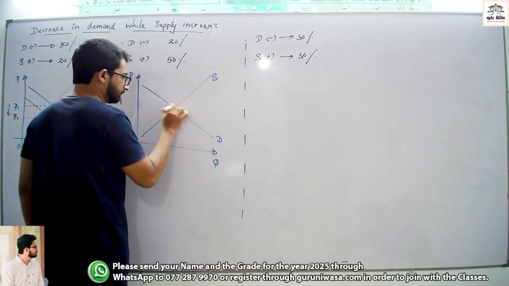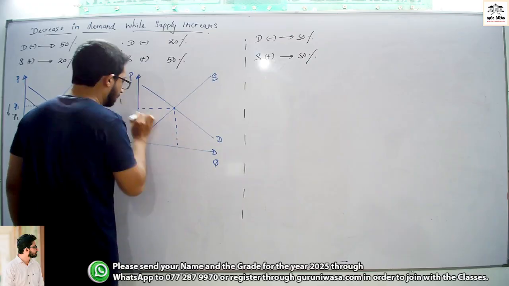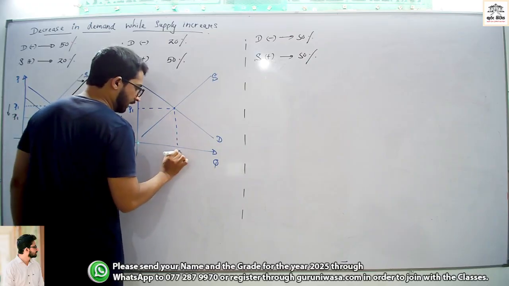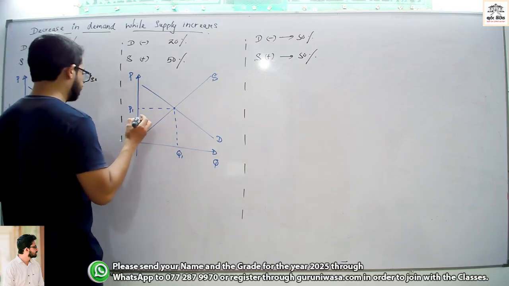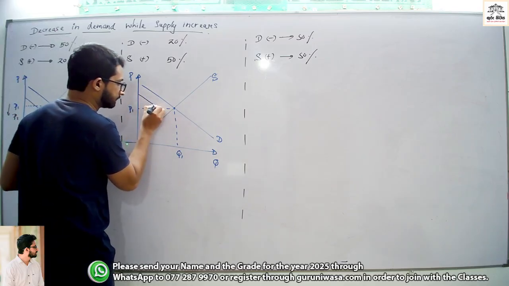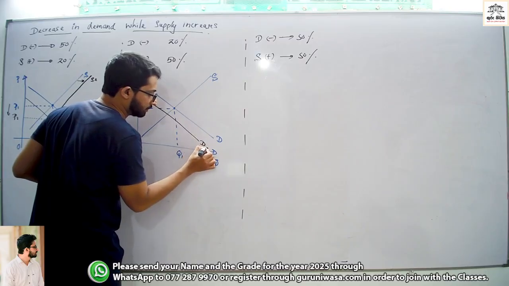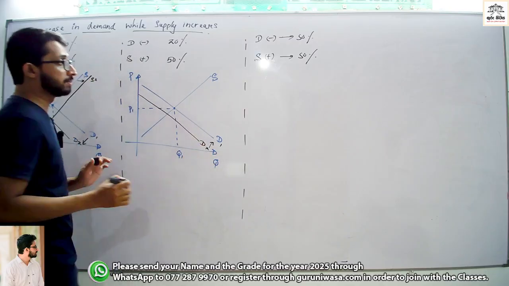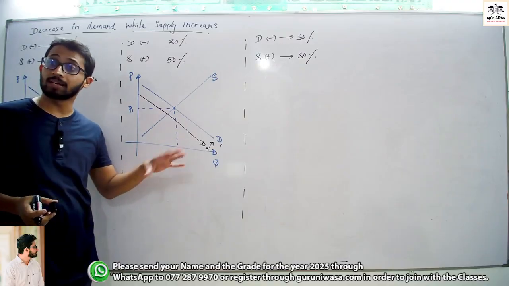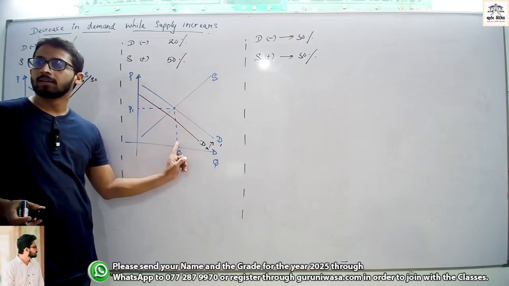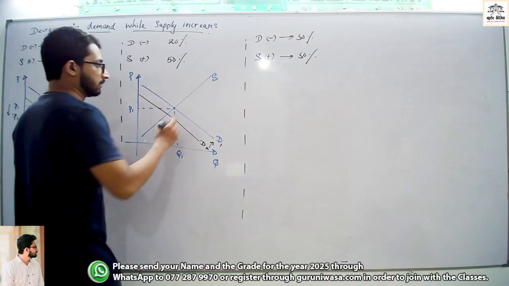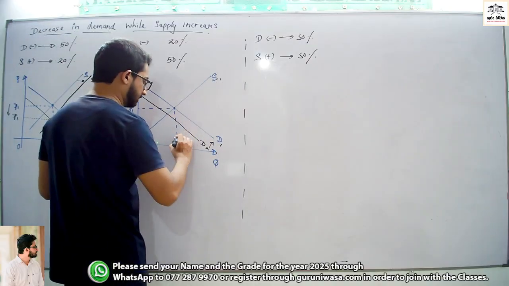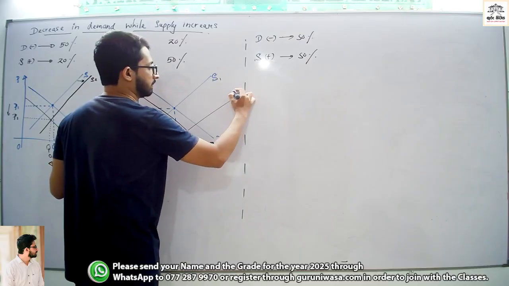Supply curve. P1 and Q1. Now the demand curve shifts to the left side like this. P2. The supply curve shifts to the right side at a higher rate than the demand curve. So here the supply curve shifts to the right side by a percentage, like this.